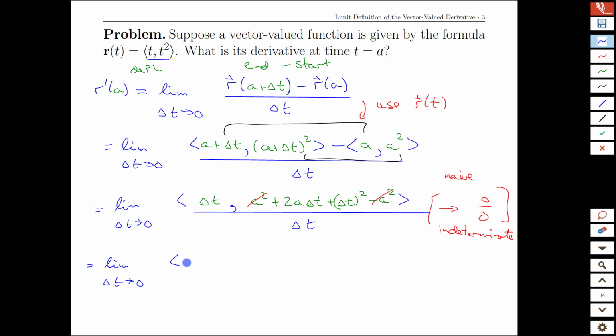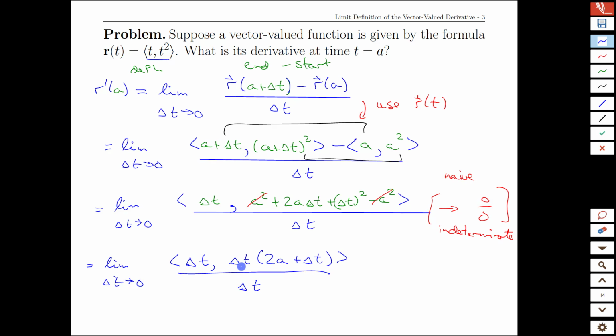And the opportunity we're going to find is, I'll put everything in blue now, there's a common factor of delta t in everything that remains here. And then we have two a's and a delta t, and all of that over delta t. Again, if we take a limit, it'll still be 0 over 0.